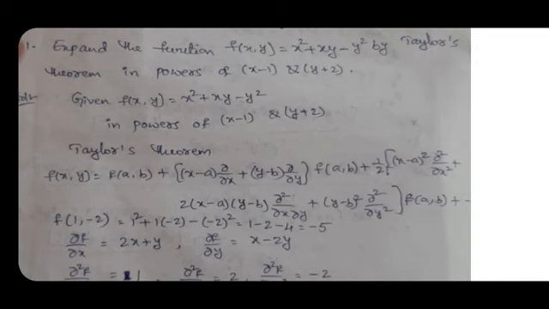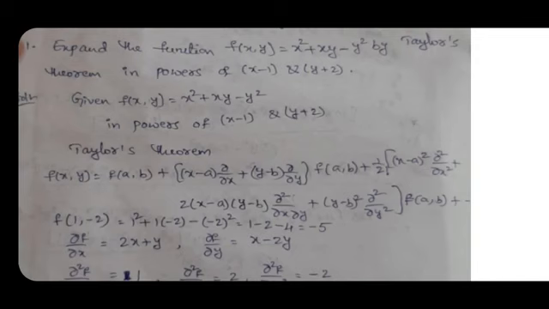Now we use this Taylor's theorem and give the expansion of this function f of x comma y in terms of x minus 1 and y plus 2. Now we take the given function, f of x comma y is equal to x square plus xy minus y square, and we want it in powers of x minus 1 and y plus 2. Now we use Taylor's theorem.